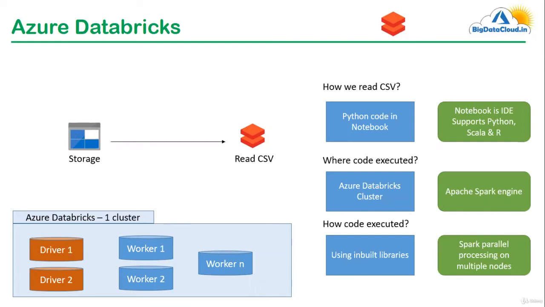So what is the difference? The driver node takes care of managing all the requests. Whatever request we submit actually goes to the driver node. Then it analyzes how many worker nodes it will require depending on the size of the data and the type of the request. Accordingly, it splits the job into many instructions or steps and submits different steps to the different worker nodes.